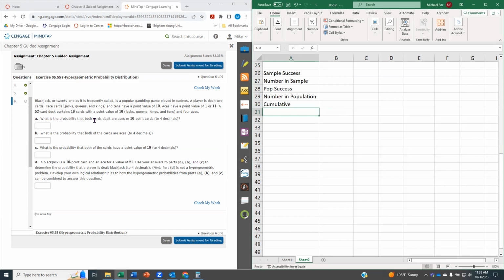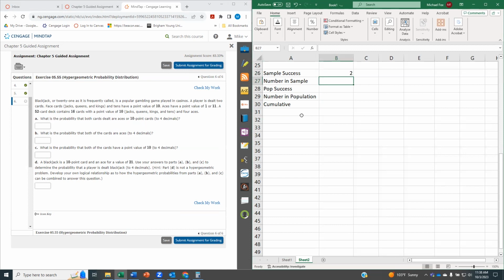What's the probability that both cards dealt are aces or 10-point cards? Okay. So in that, out of 2 cards, we're saying what's the probability that both of them are either aces or 10s? I mean, aces or 10s or face cards. Okay.